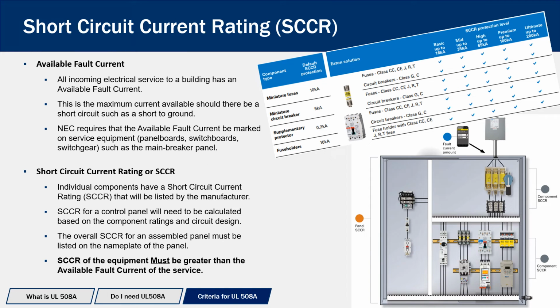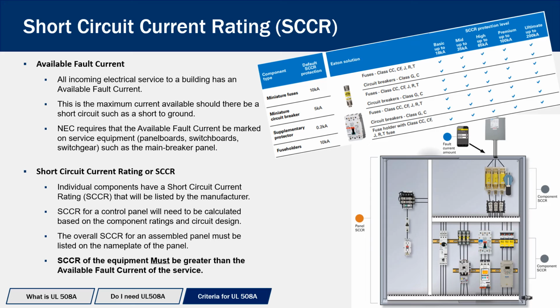Lastly, here we have short circuit current ratings and available fault current. So starting with available fault current, any incoming electrical service to a building has an available fault current. This is the maximum current available if you had a short circuit, such as a short to ground.